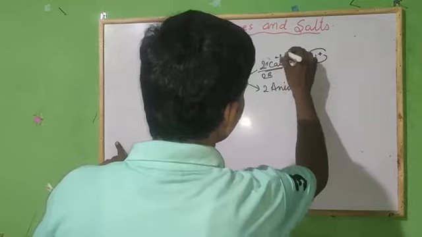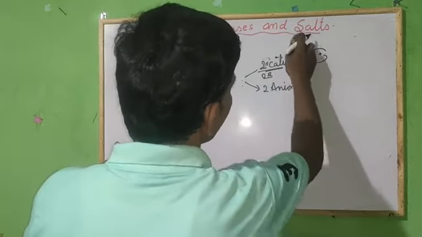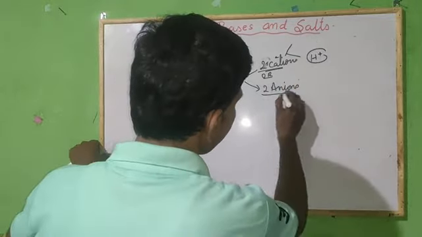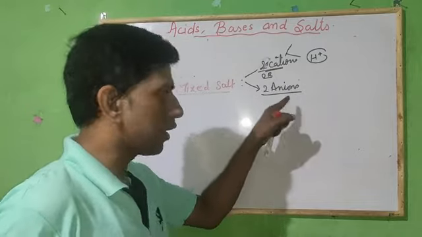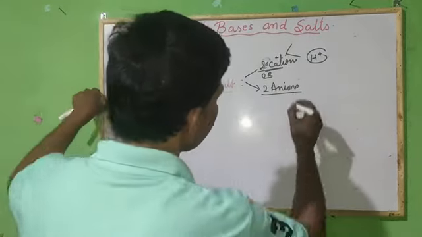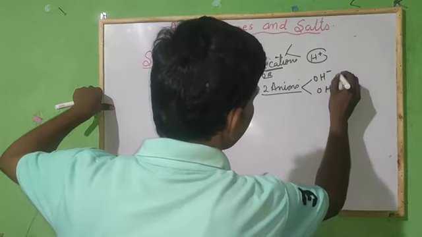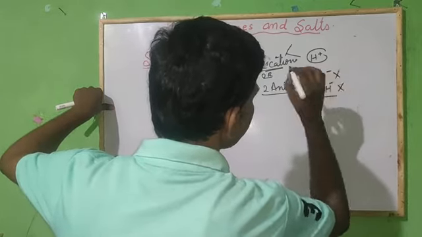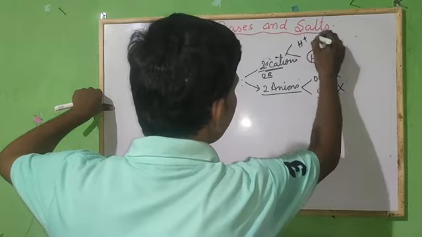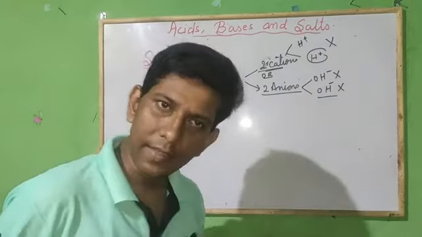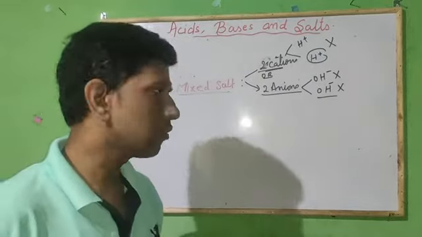In the same way, if two anions are there, then none will be OH minus ion. OH minus ion will not be there, H plus ion will not be there. Clear? Then such a salt will be a mixed salt.